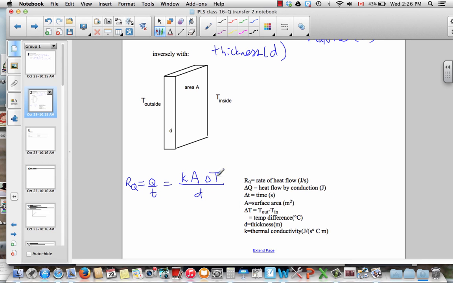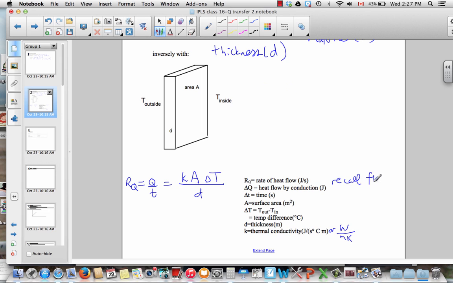The units of these quantities are familiar to you. K is joules per second centigrade meter, or you can write it as watts per meter Kelvin, because a watt's a joule per second, and a temperature difference of a degree centigrade will also be a temperature difference of a degree Kelvin.